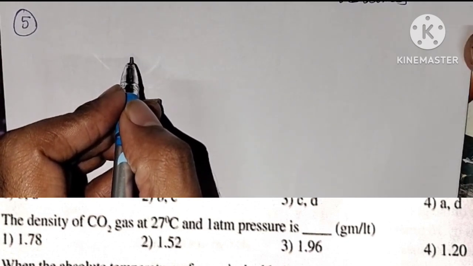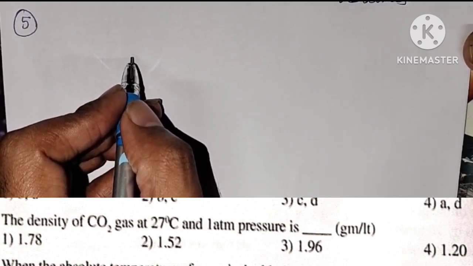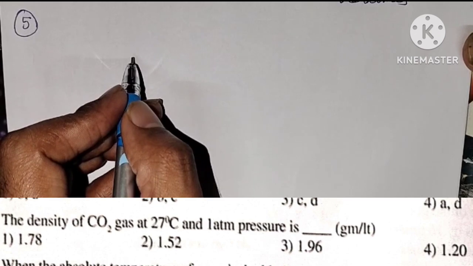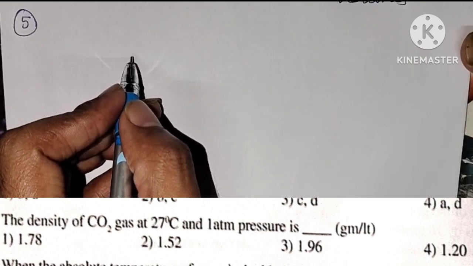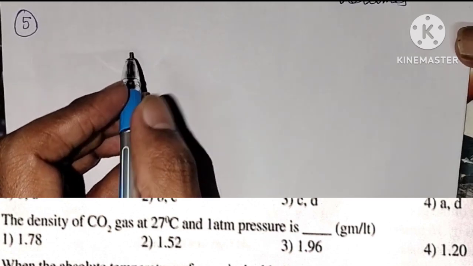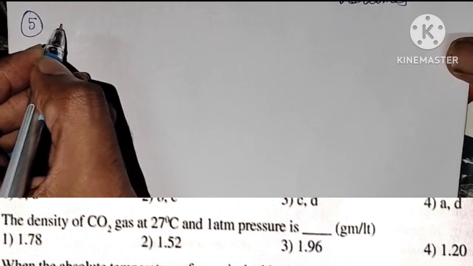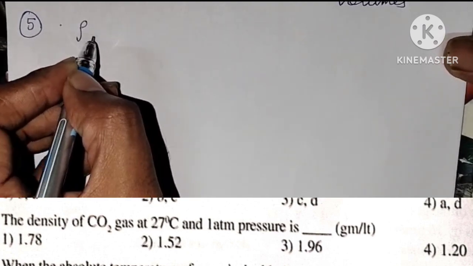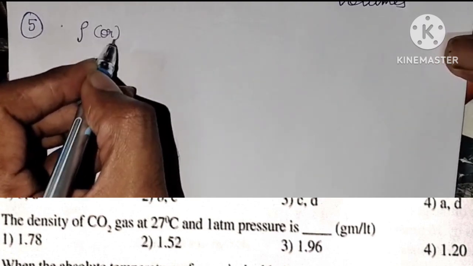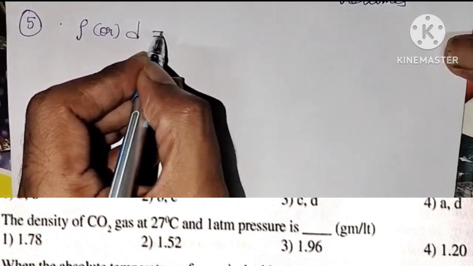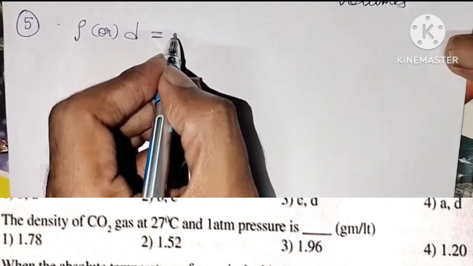The density of CO2 gas at 27 degrees centigrade and 1 atmospheric pressure is in gram per liter. So here the density of CO2 gas, rho, or we can take small d, D for density. D is equal to how much?